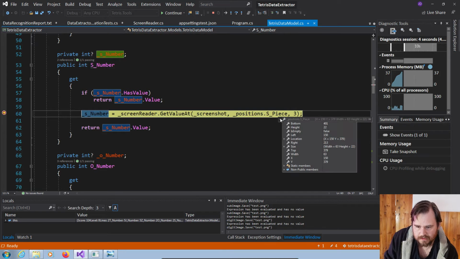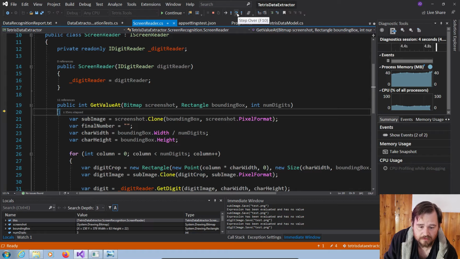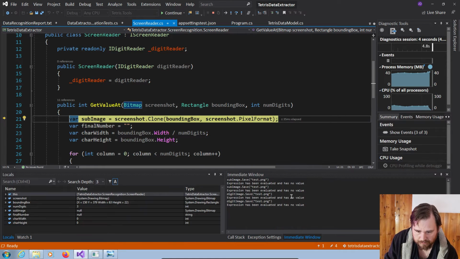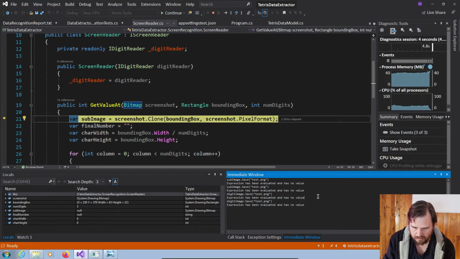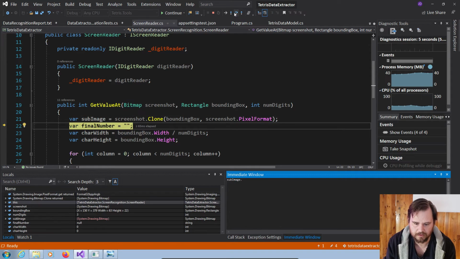Okay, S piece, this is what we're after. Everything looks fine. So let's go into here. Now this is being mistaken for 3. So let's take a look at the sub image. Let's clear this here. The sub image. Here, let's actually evaluate the sub image first.